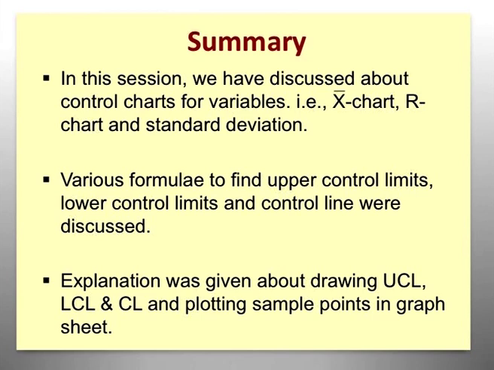So, we have just discussed the various formulae for upper control limit, lower control limit, and control line. Also, we have drawn a graph showing how the upper control line, lower control line and central line are shown, and the sample points are also plotted to verify whether there is any out of control sample point in the graph sheet.